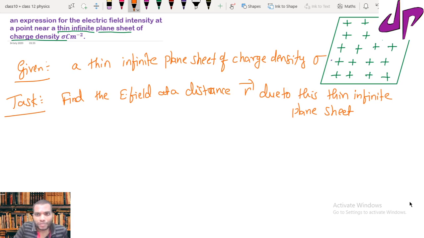If this is the object, we are always cautious about our useful Gaussian surface. So here, what is my useful Gaussian surface?